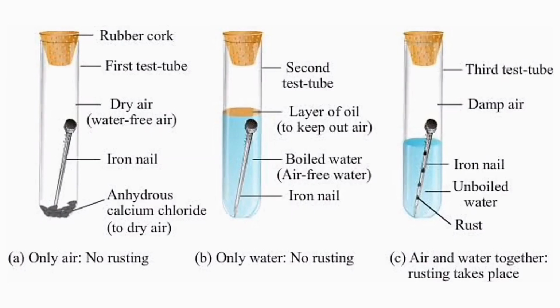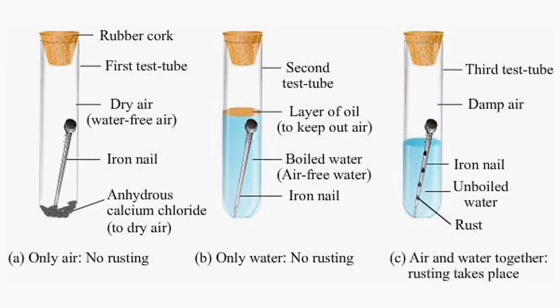So, from this activity, we can see the conditions required for rusting are the presence of oxygen of air and water, or water vapor or moisture.